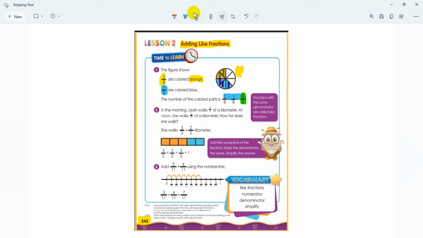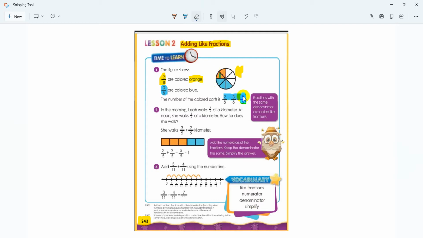Because if you look again at the shape, we have 8 parts in all, and the colored parts after we add are 5 parts out of 8. So we can say that we don't add the denominators, we just add the numerators up, and down we don't add anything.